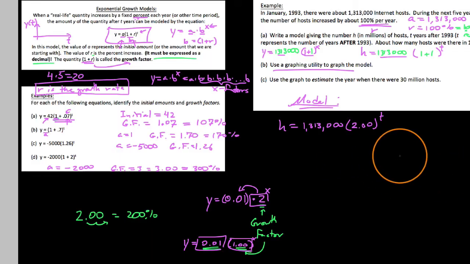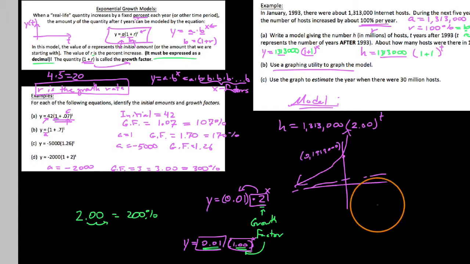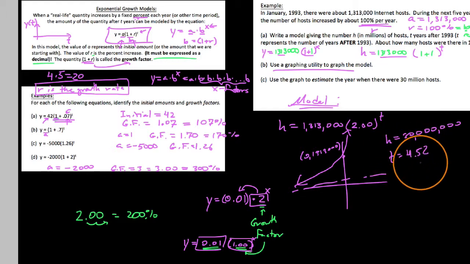On our graph that we could have drawn by hand, we could have said, hey, I know that there's an asymptote here. It goes through this point right here, 0, 1313000. And I could have said that here's my graph. But basically, when we want to know when the hosts are equal to 30 million, we would say that it happened at about 4.52 was your time.